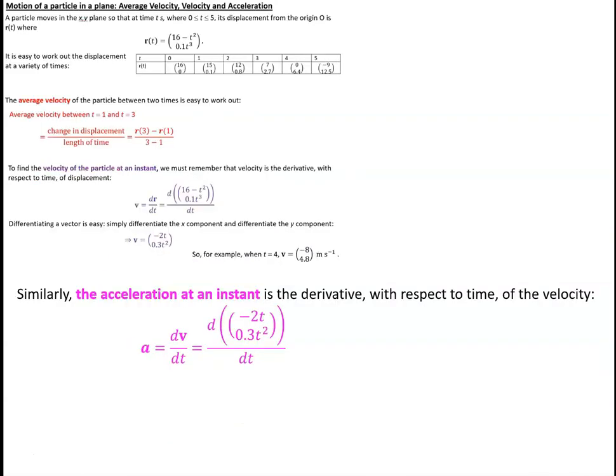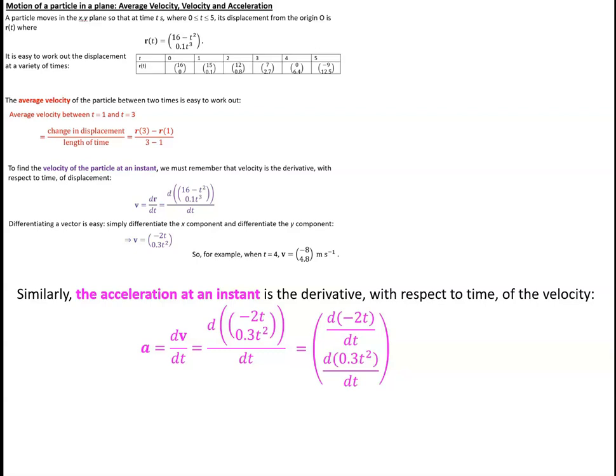Now we also know that the acceleration at an instant is the derivative with respect to time of the velocity. So if we wish to work out the acceleration, we need to find the derivative of the velocity expression. We need to find the derivative of the vector minus 2t, 0.3 t squared. And again, we do this by simply differentiating the x component separately and differentiating the y component.